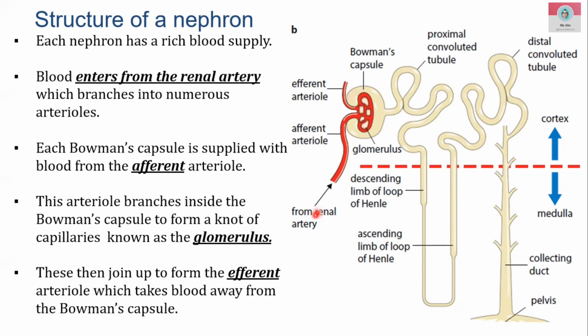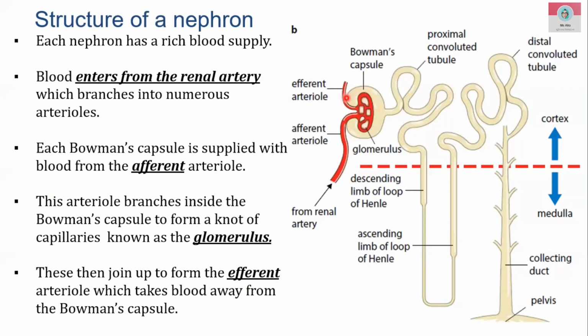So as blood enters the renal artery at high pressure, it will be connected to the glomerulus, which is a knot of capillaries. It will then be joined by the efferent arteriole as it brings the filtrate out. And then you will have the Bowman's capsule, the cup-shaped structure of the nephron here.